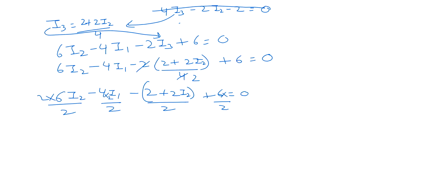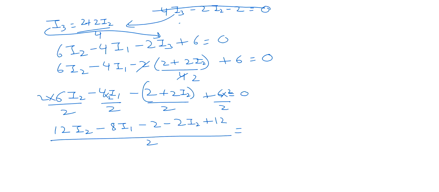This gives me 12I2 minus 8I1 minus 2 minus 2I2 plus 12, divided by 2, equal to 0. So this 2 goes to this side and this will be 0 now. 12I2 minus 2I2 gives me 10I2 minus 8I1 plus 10 is equal to 0.